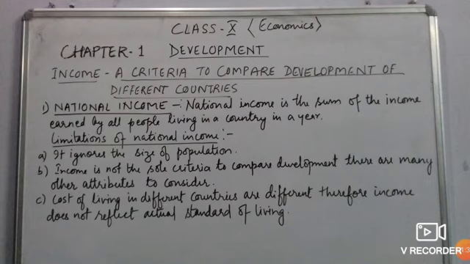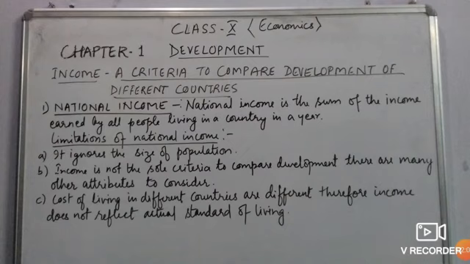And there are different limitations of national income. If we only judge the national income of different nations to decide the development of each nation, then there are certain limitations. So let's discuss that. First one is it ignores the size of the population. How? See, it is an established fact that no two nations have the same size of population.